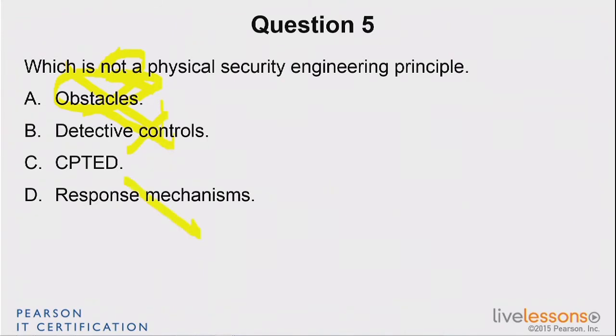And response mechanism is a physical security control because that's how we're going to respond to a physical security attack, which leaves CPTED, which is an architectural design principle, not a physical security engineering principle. If you really were struggling with this, the way to approach it is knowing that obstacles, the detective controls, and the response mechanisms kind of all go together, which was going to make CPTED the odd man out. Which one is not like the others?